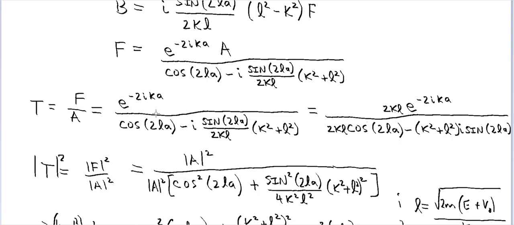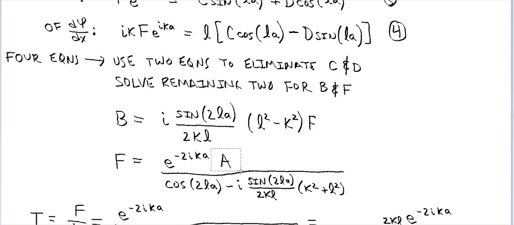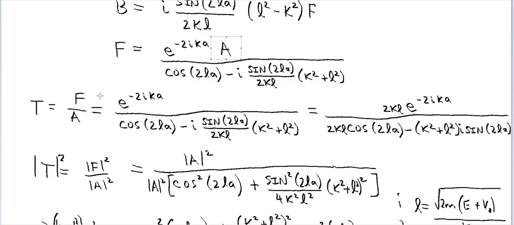And so since this is written in terms of A, this is just e to the minus 2iKA over cosine 2LA minus i sine 2LA over 2KL multiplied by K squared plus L squared.